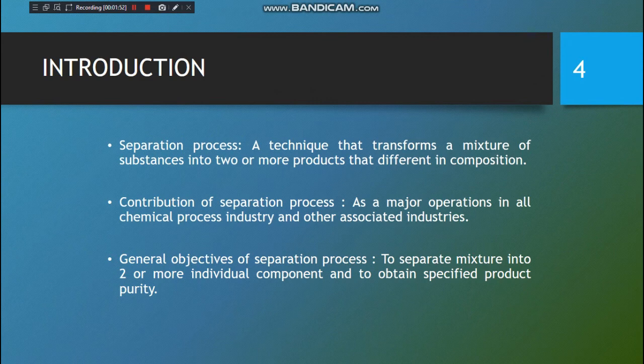And the general objective of separation process is to separate the mixture into two or more individual components and to obtain specified product purity.